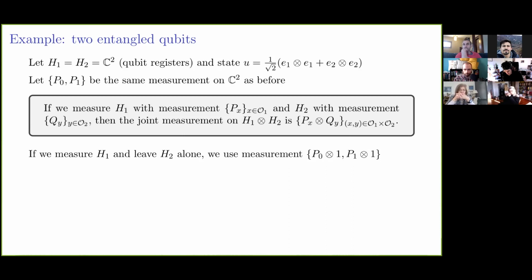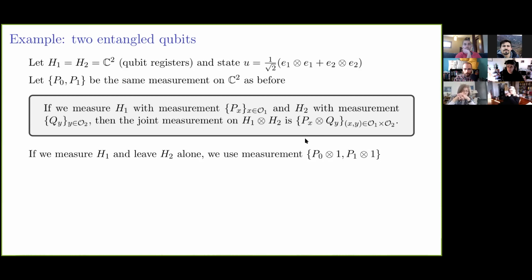They're each just getting measurements from their own system. So we want a measurement indexed by O1 cross O2 on H1 tensor H2, and that's easy to write down. We just take P_X tensor Q_Y for (X, Y) in O1 cross O2. If we sum over X and Y, we get the identity operator, and these are self-adjoint projections.